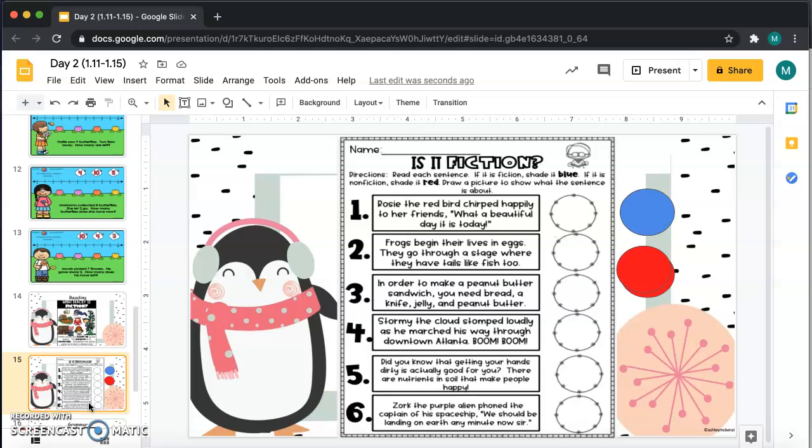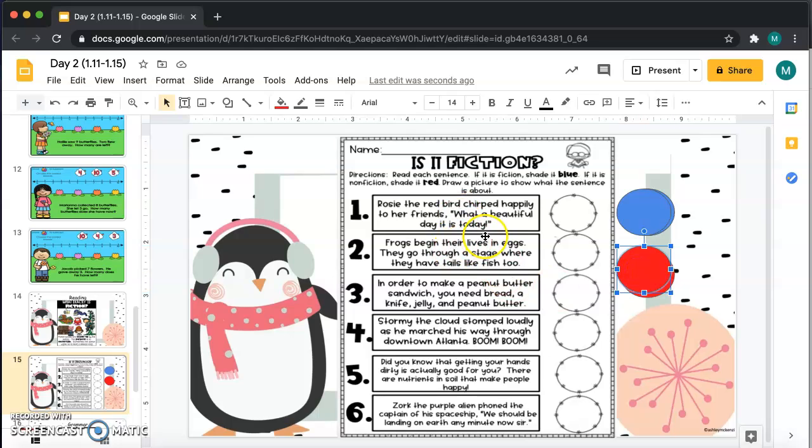So I'm going to read each of these sentences to you. And if it is fiction, you're going to put this blue dot right here in this circle beside it. If it is nonfiction, you're going to move this red dot in the circle beside it, okay? So again, blue is fiction, red is nonfiction.